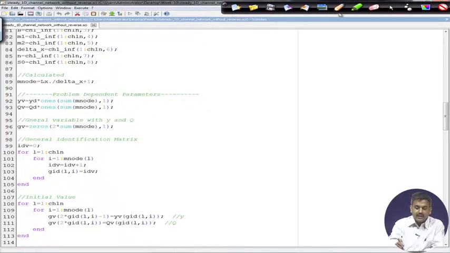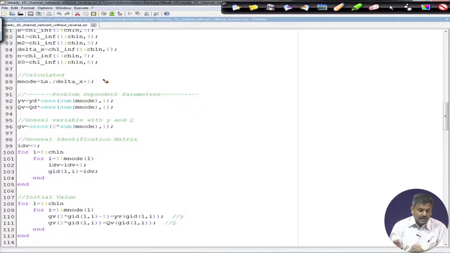Now, we can define arbitrary values. This is YV, meaning Y value, and QV means Q value, YD into 1 sum M node. Sum M node considers all nodes for all channel lengths or channel reaches. QV is for all channel reaches.